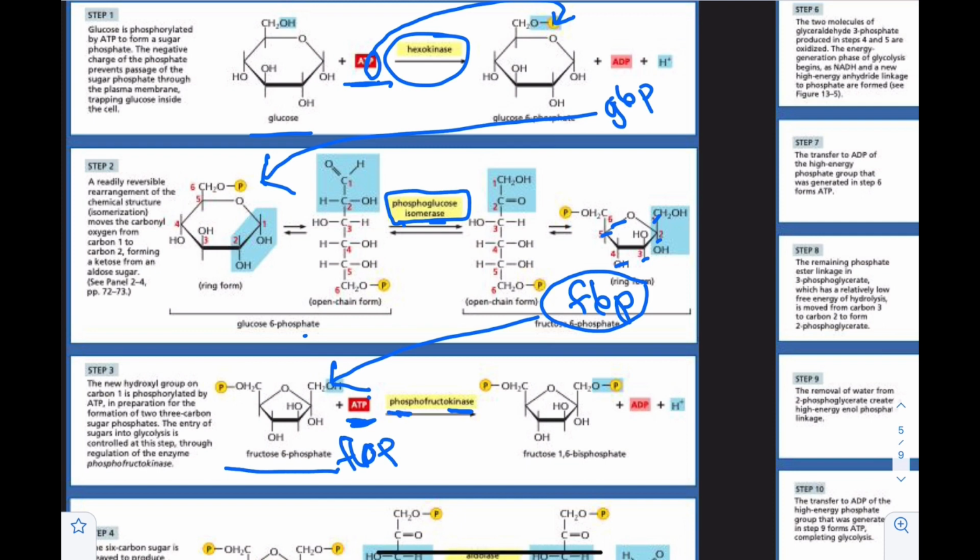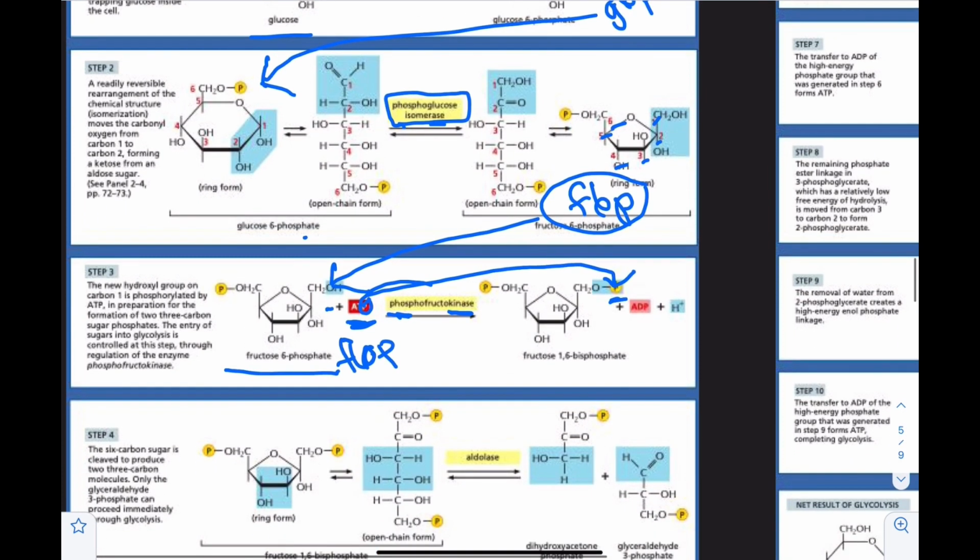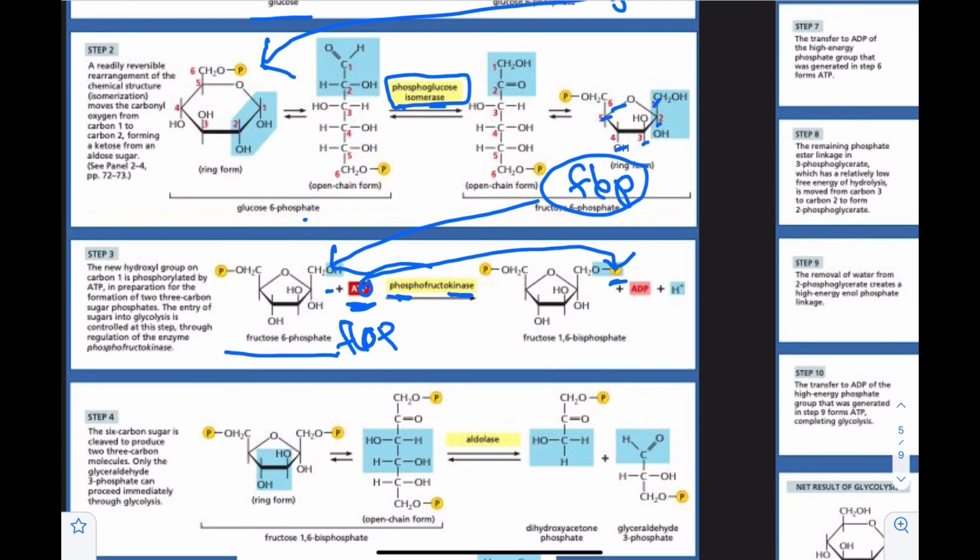The name always gives you a hint. It's going to take the phosphate group from here and send it over and phosphorylate here. So you see what's changed. This got phosphorylated, and then it's converted into fructose 1,6-bisphosphate, because it's carbon 1 here, which is phosphorylated, and carbon 6.